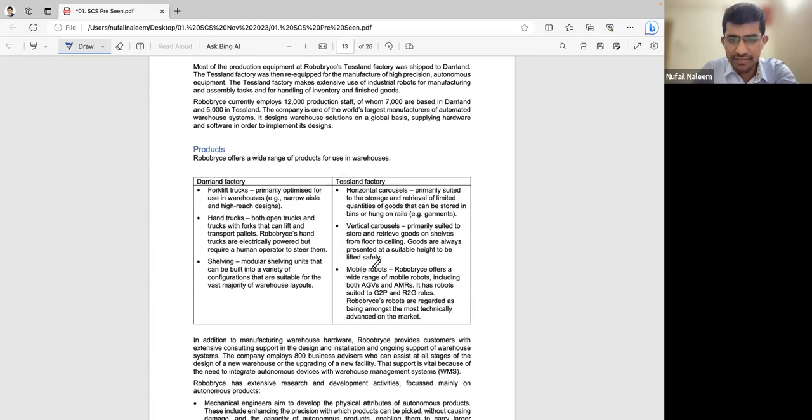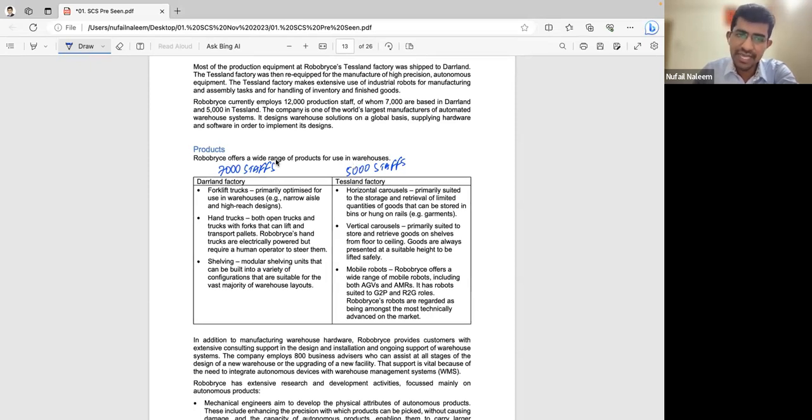So students, from a practical point of view, the Dahlan factory is the one to look at. This factory has how many staff, students? This factory has 7,000 staff. But if you observe the Tesla factory, how many staff does it have? This factory has 5,000 staff, very clearly and transparently.